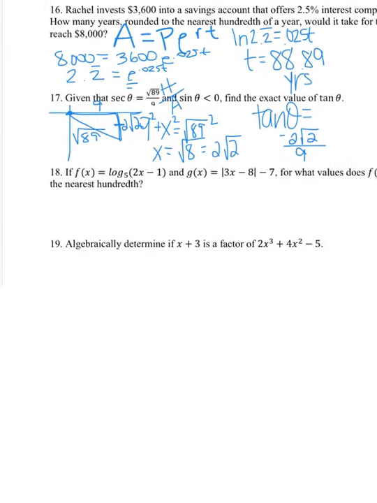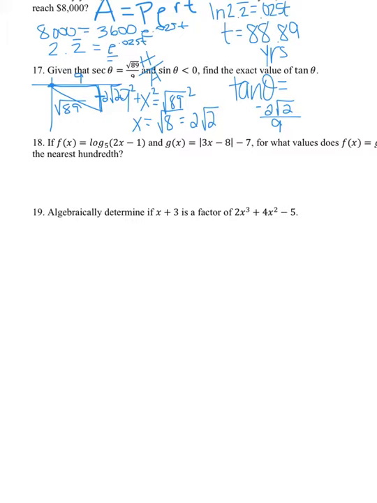Okay, number 18. I heard a lot of questions about this. Nowhere in this question does it say anything about doing it algebraically. So you're going to type this side into y1, this side into y2, and then you're going to do second trace number 5, and that gives you the intersection points.